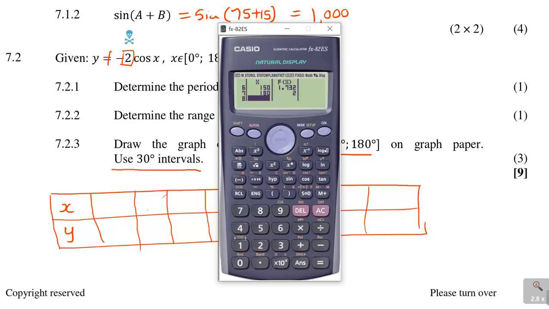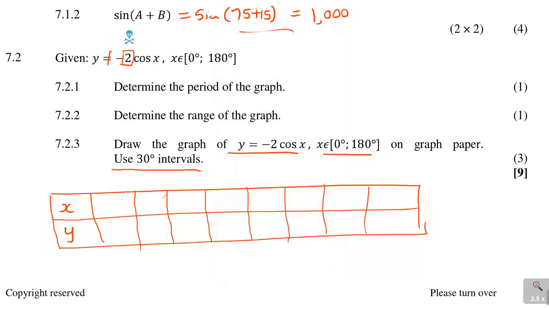So if you do that, I'll write 0, 30, but we know that it was off. I've got 60, remember 30 intervals, 90, 120, 150, and 180.